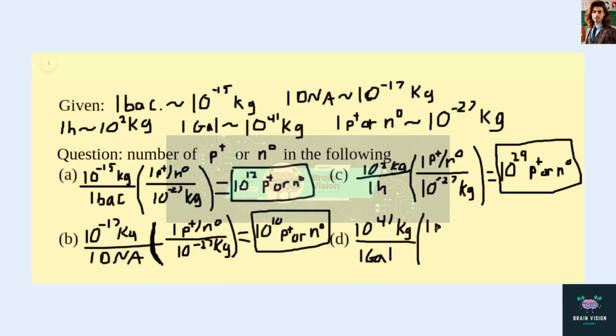For every proton or neutron, it's 10 to the minus 27 kilograms, just as before.